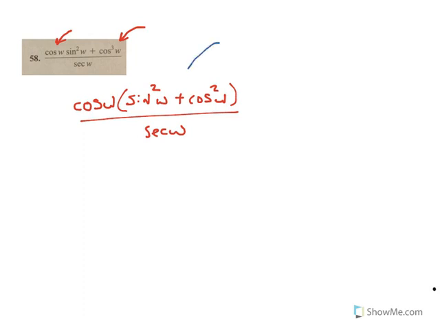And this is one of our Pythagorean identities. Sine squared plus cosine squared is always 1. So all this will just turn to a value of 1. And 1 times cosine is just going to leave you with cosine up top all over secant down bottom.